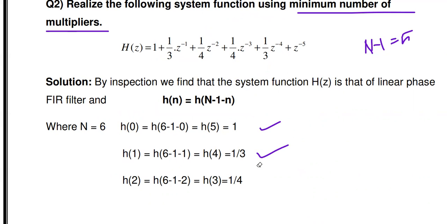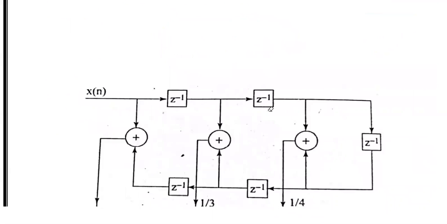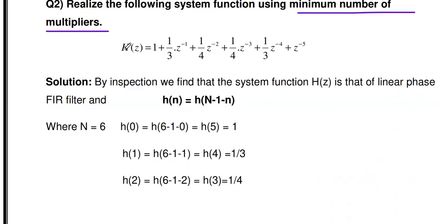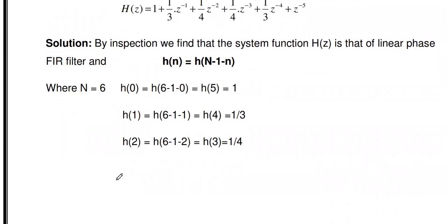Okay, so if it is a linear phase FIR filter, we can realize it in linear phase realization. In order to realize it, you first combine the terms of the equation. So this H of z can be written as: 1 plus 1 and z power minus 5 you combine, so 1 plus z power minus 5 is the first term.